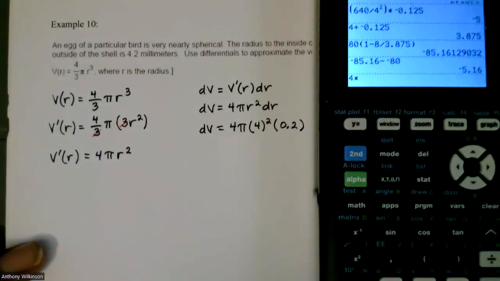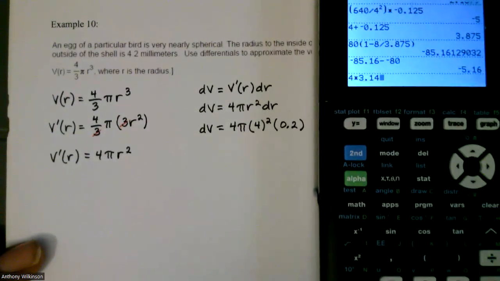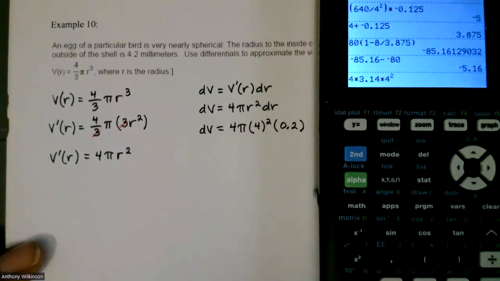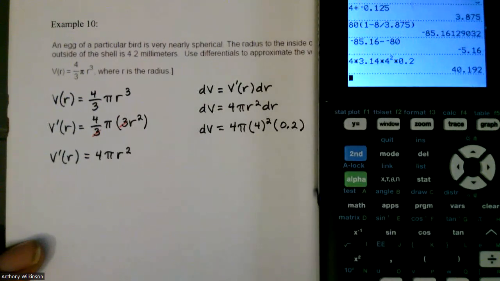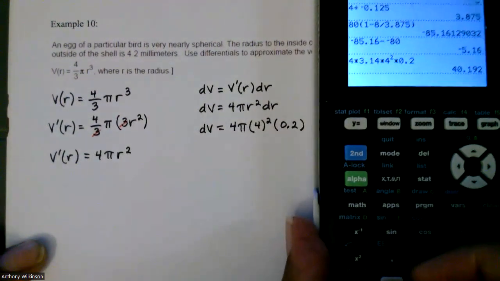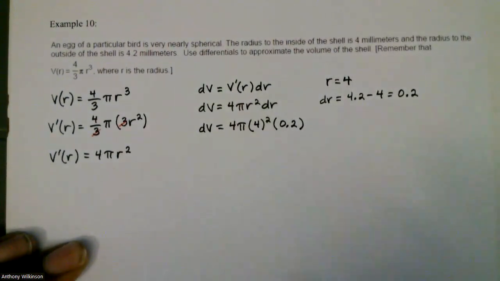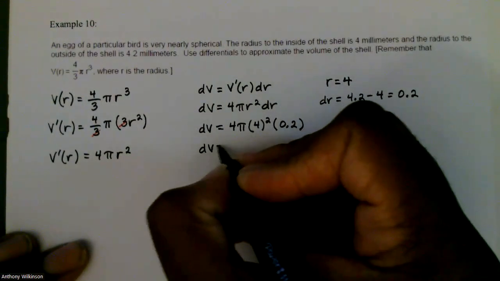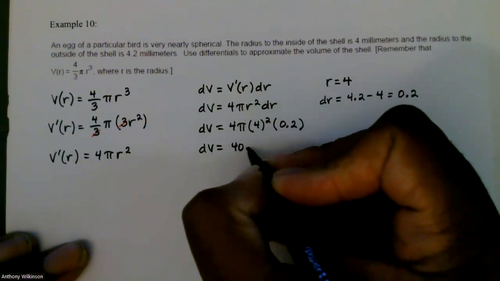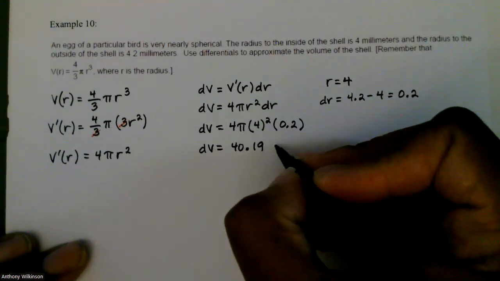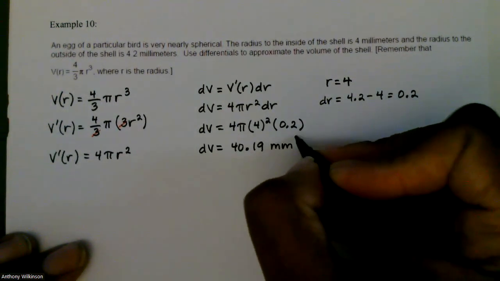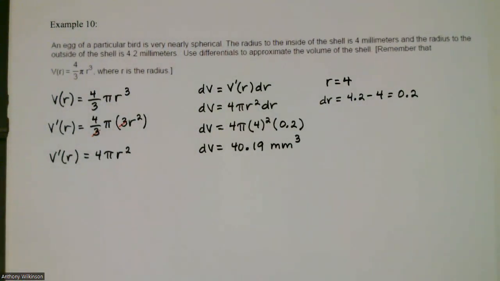So it'll be 4 times 3.14 times 4 squared, times 0.2. And to 2 decimal places, this will be approximately 40.19. So dV in this case will be 40.19, and this is in cubic millimeters. I say that because the volume is going to be in cubic millimeters.